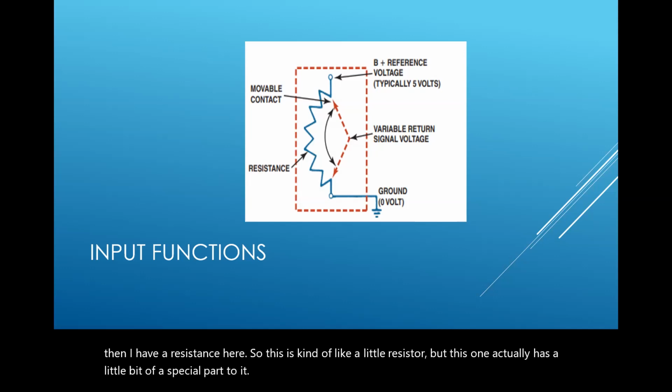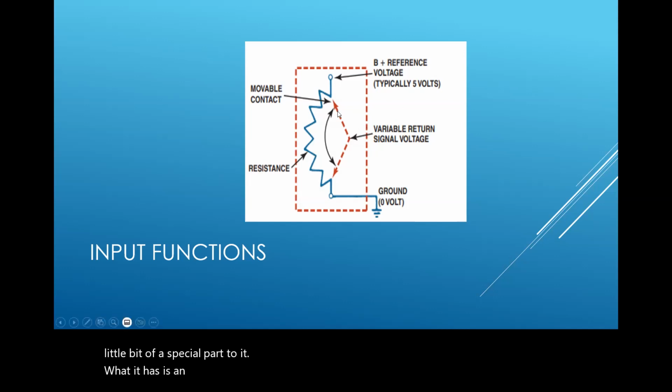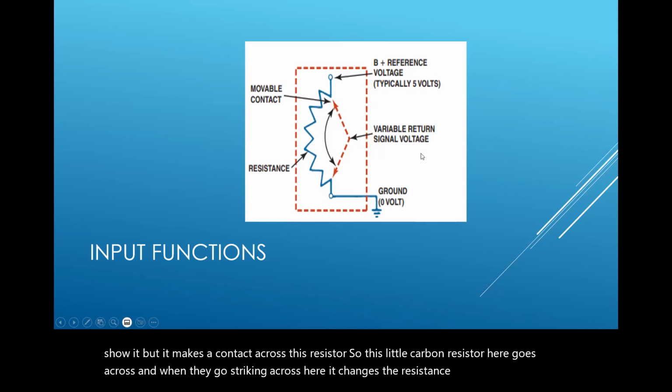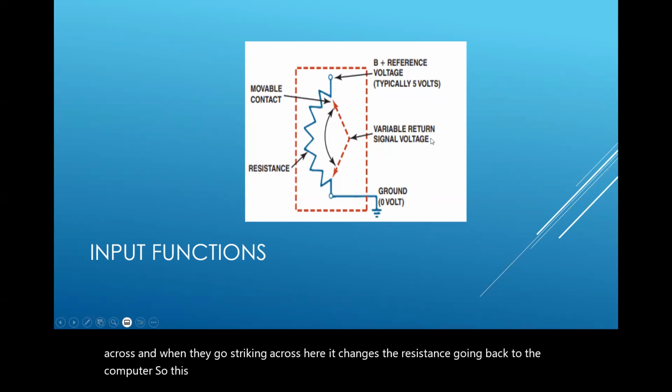What it has is an actual sweeper. So this little arrow here actually makes a contact. It doesn't show it, but it makes a contact across this resistor. So this little carbon resistor here goes across, and when the sweeper strikes across here, it changes the resistance going back to the computer. So this is actually the signal return.